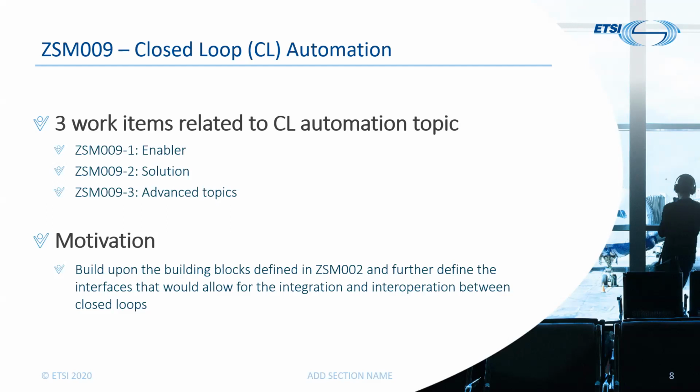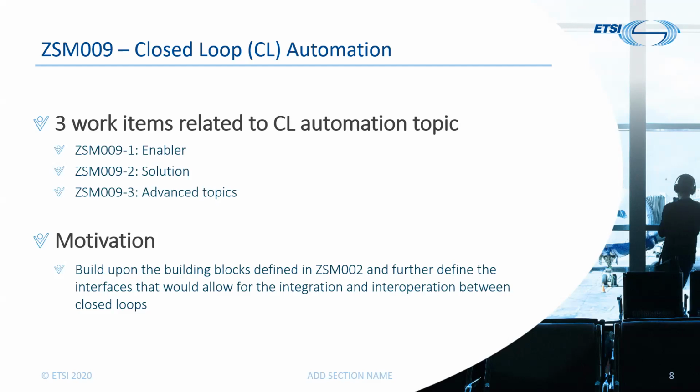It would use the ZSM reference architecture described in ZSM 002 and the closed loop enabler in ZSM 009-1, and also identify the integration with the related managed entity, including collaboration with other SDOs and open source forums to support seamless integration between 3GPP and ZSM, for example. So this is a normative stage 2 work item, and it is expected to be finalized first quarter next year.